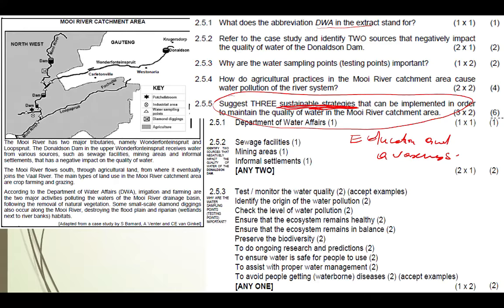If it's a sustainable strategy to reduce the urban heat island, it is education and awareness. If it's a strategy to keep the rivers clean, it is education and awareness. If it's a strategy to reduce the impacts of a tropical cyclone, it is education and awareness. If it is a strategy to reduce the impacts of a mid-latitude cyclone, it's education and awareness.